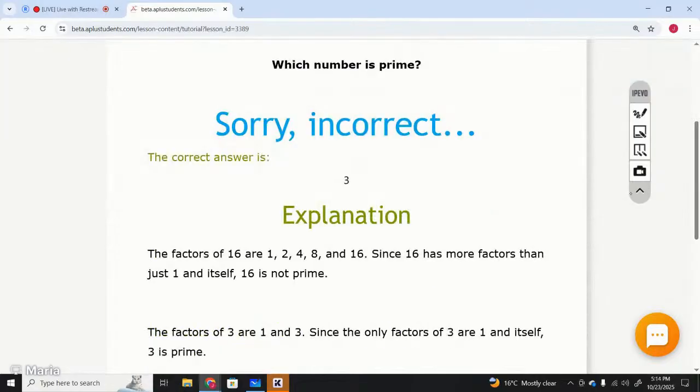The factors. Prime numbers are the ones that have only two factors, 1 and the number itself, right? And the numbers that have more than two factors are not prime. So 3 is the prime number because 3 has only two factors, 1 and 3.